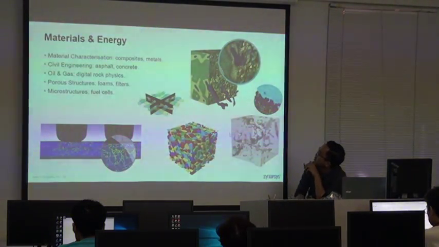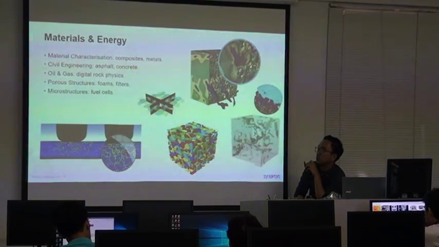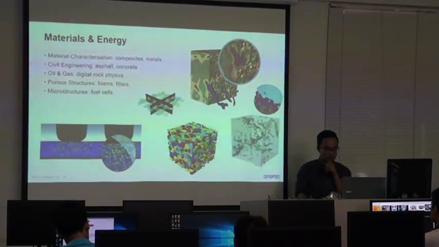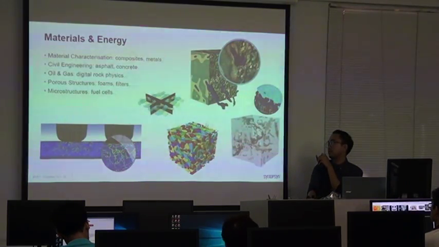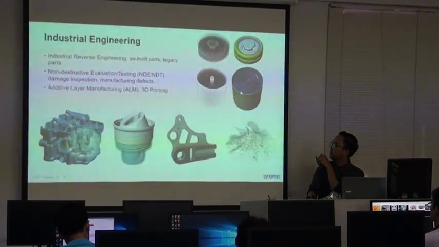Okay? So here we have a composite material, so we can see the composition of the material. It can be used as well to study the composition of fibers. Okay, and then these are particles, where we can create and separate the particles based on the connectivity of the void. I will show you one example.